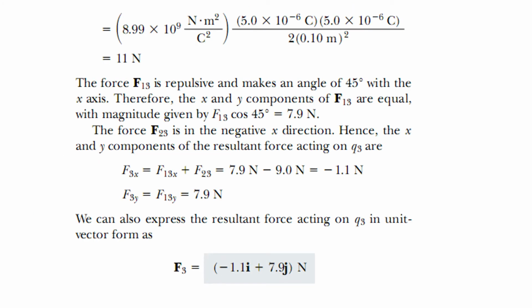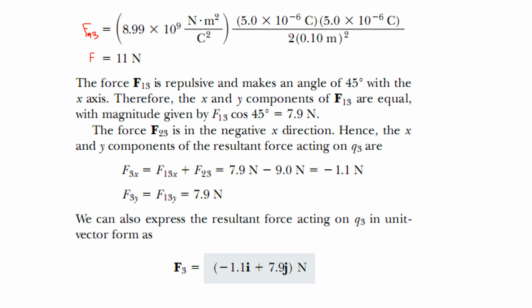The answer gives that this force that charge Q1 exerts on charge Q3 is equal to 8.99 times 10 to the power 9 times 5 times 10 to the power minus 6 times 5 times 10 to the power minus 6 over 2 times 0.1 squared, which is equal to 11 newtons.